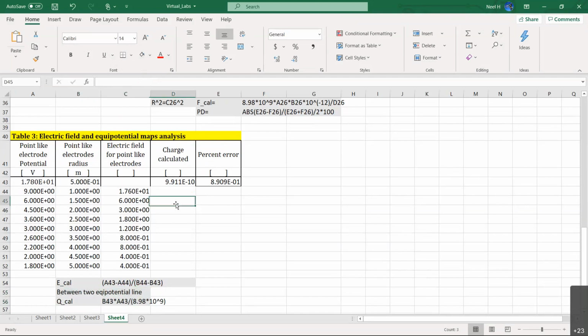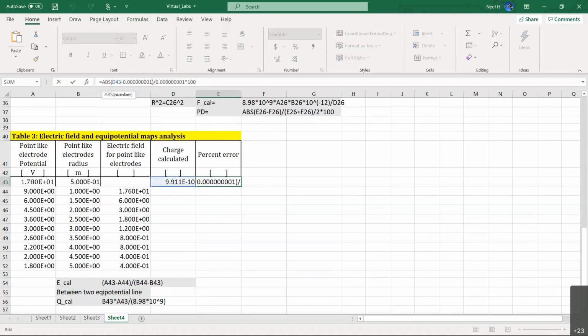Q calculated, and then I'm going to compare Q calculated with the Q known. Q known is 10 to the power negative 9. Okay, so you can do this calculation. Absolute value of D43, that is calculated Q, minus Q known, which is 10 to the power negative 9.